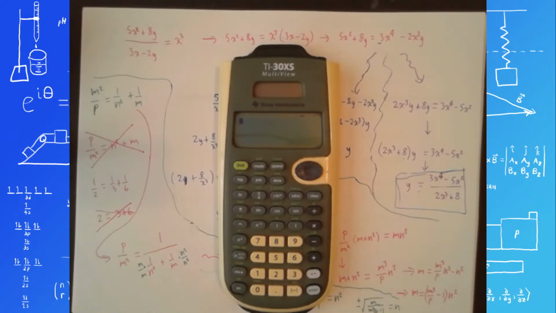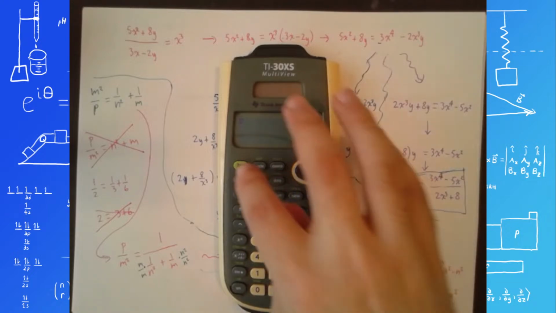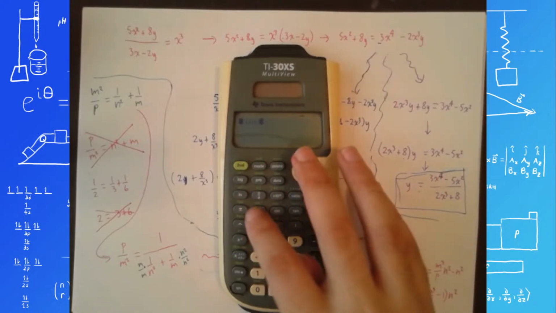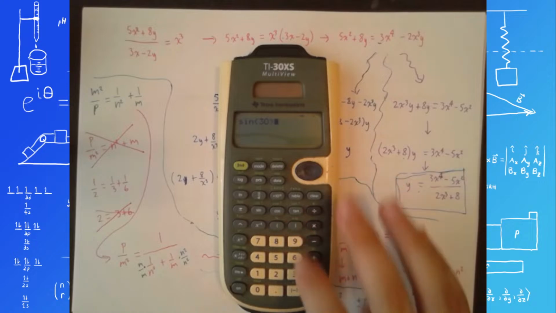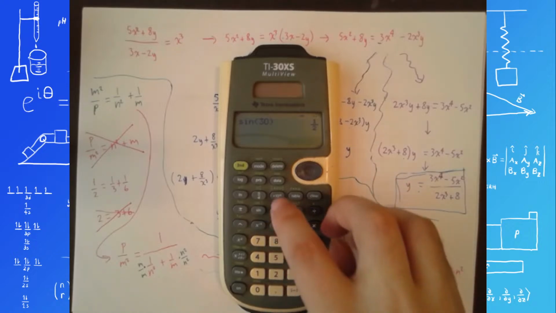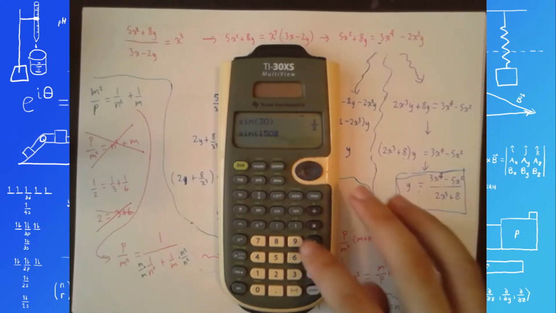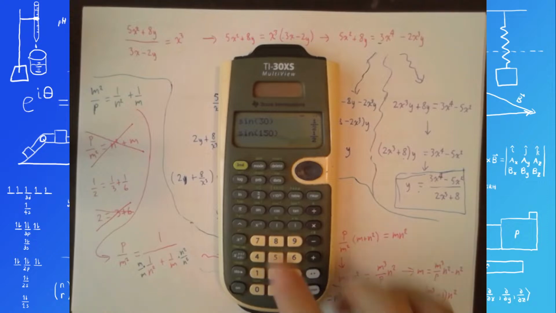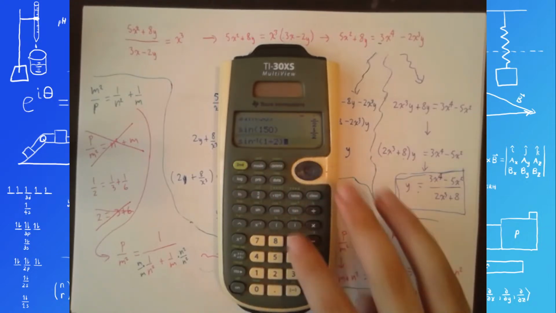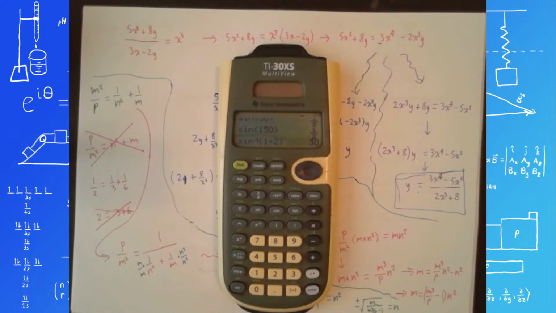The same thing goes for the inverse trig functions. If you've done your pre-calculus, you know that sine of 30 degrees is 1/2, but you also know that sine of 150 degrees is 1/2. So when you do inverse sine of 1/2, it tells you 30, and the human is supposed to recognize that it actually means 30 or 150.